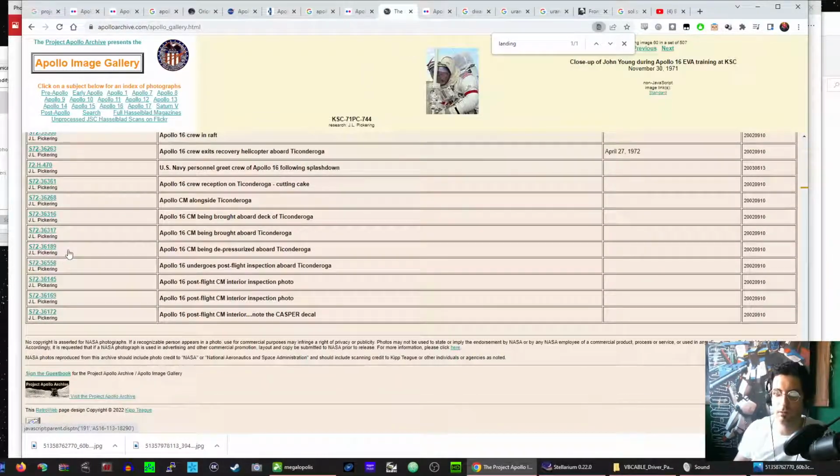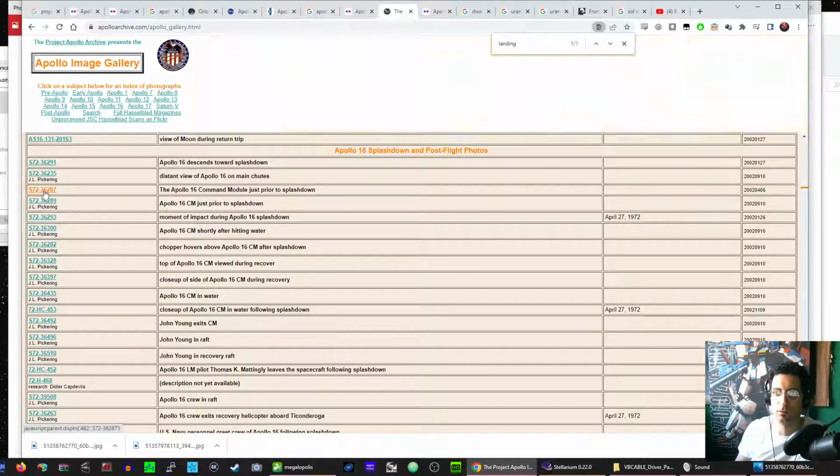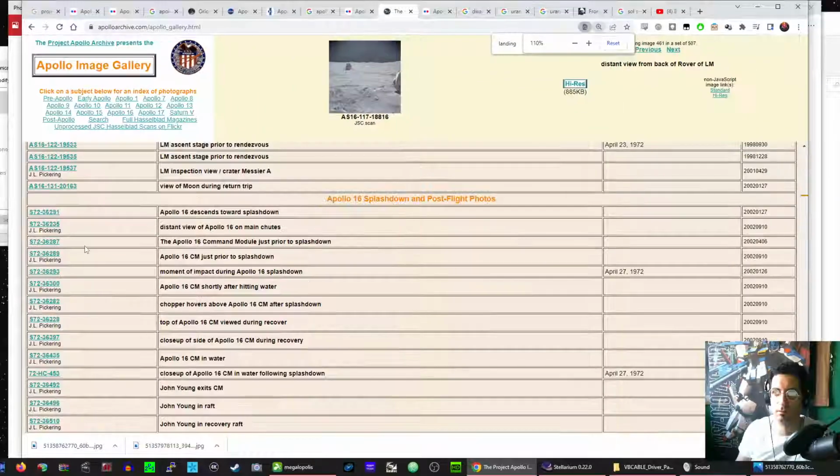These look like a lot of publicity shots before the mission. Okay, this is after the mission. This is during re-entry basically. Okay, good. We're getting warmer.